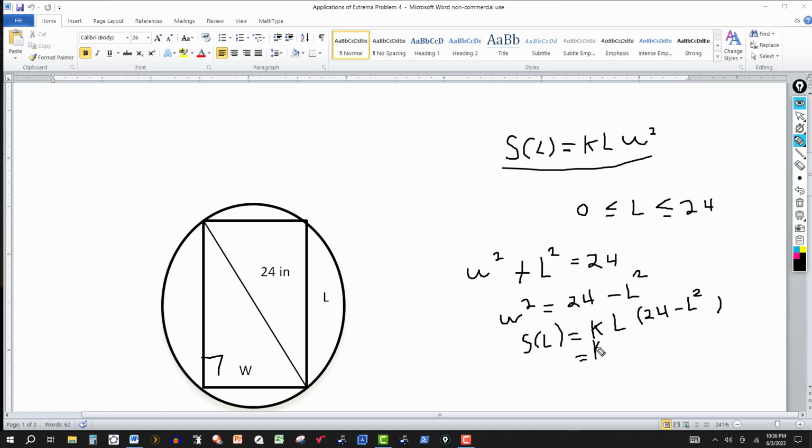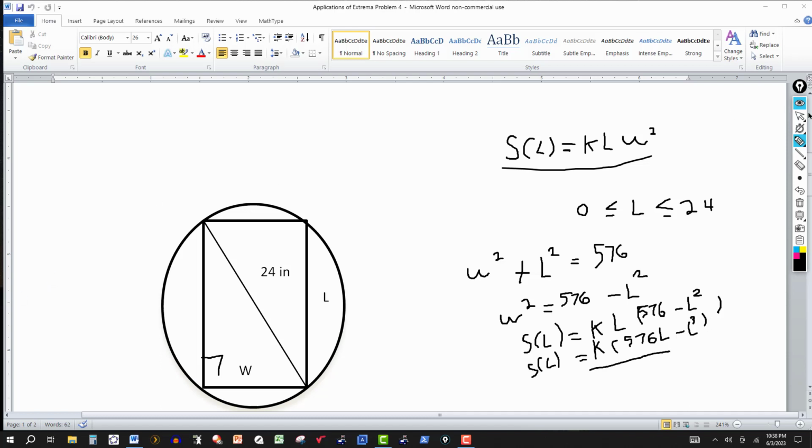I made a correction here: we need to square this 24, so that's 576. Multiplying through by L, this gives us K times 576L minus L cubed. And this is the strength function S of L.